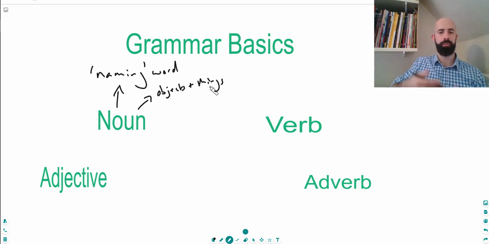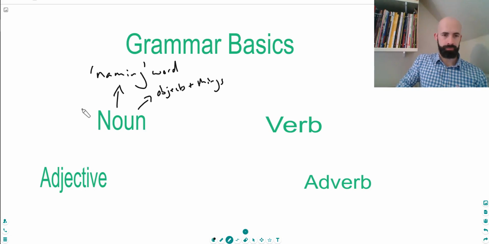So for example, the computer, the pen, desk, glass, anything you can point to and name. This is an extremely common word form. And without nouns, we can't really have any type of language because we can't even define the thing that we're talking about. So nouns are super important, not just in English, in every language.